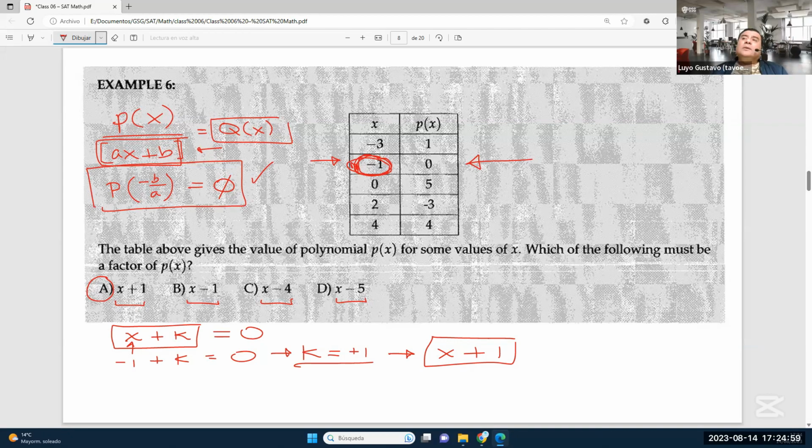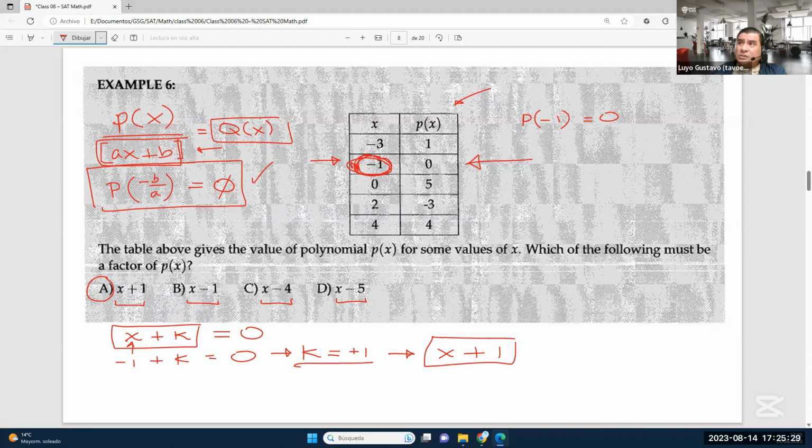So if they give you this table with several output values for this polynomial for given values of the variable x, we notice that when x equals -1, it exactly happens this: p of -1 equals 0. So what does that mean according to the remainder theorem?